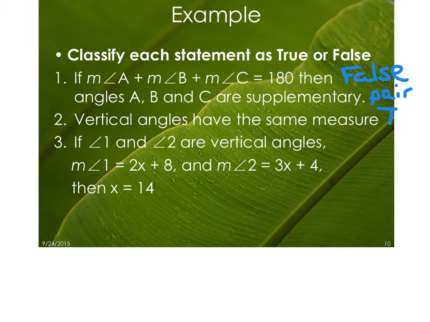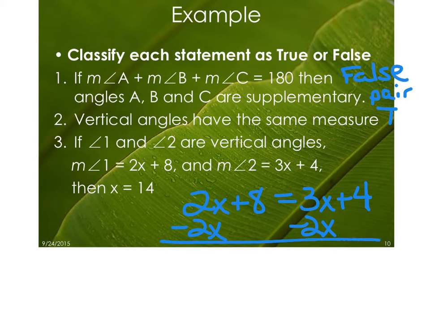How can we figure out if they've solved it correctly? Kelly? You said set them equal to each other. Good. Let's try that. Let's see what we get. Could you also just plug in 14 in each and see if they're equal? You could? Yes. Okay, so we're going to set them equal to each other. I'm going to subtract the 2.